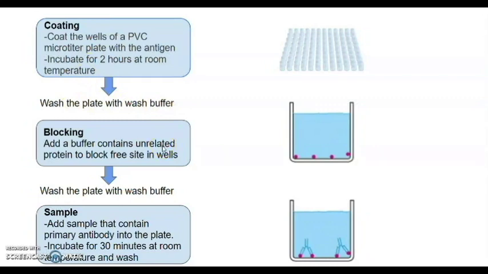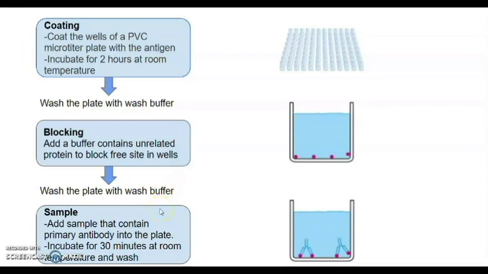Blocking buffer is used to block remaining protein binding sites, and we incubate it for 2 hours at room temperature and wash with wash buffer. However, we can use ready-to-use COVID-19 antigen-coated microplates to ease work and save time.